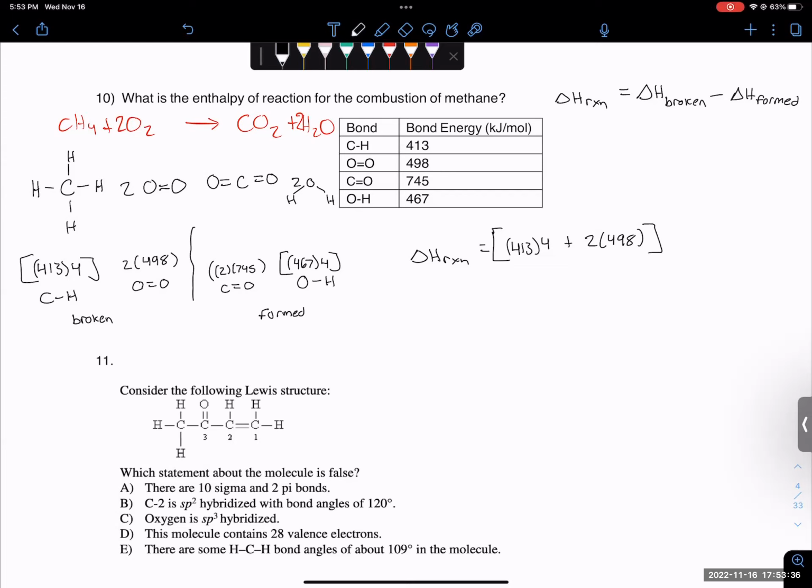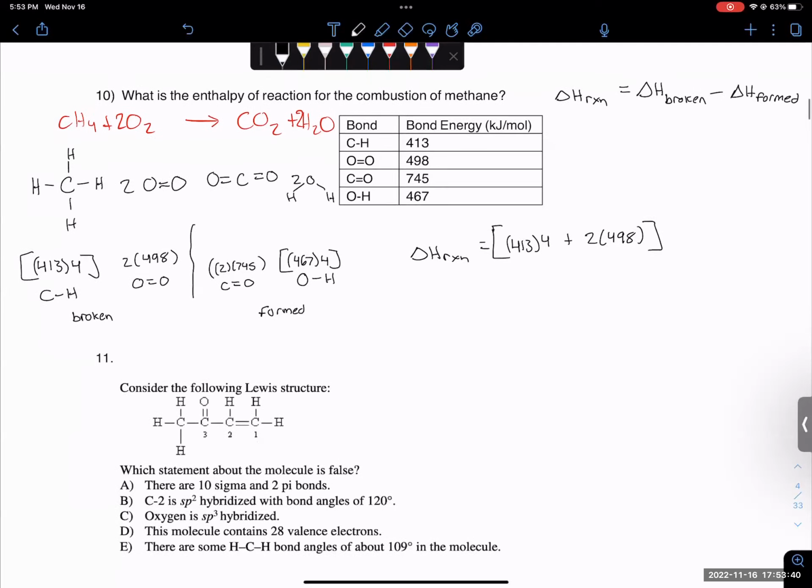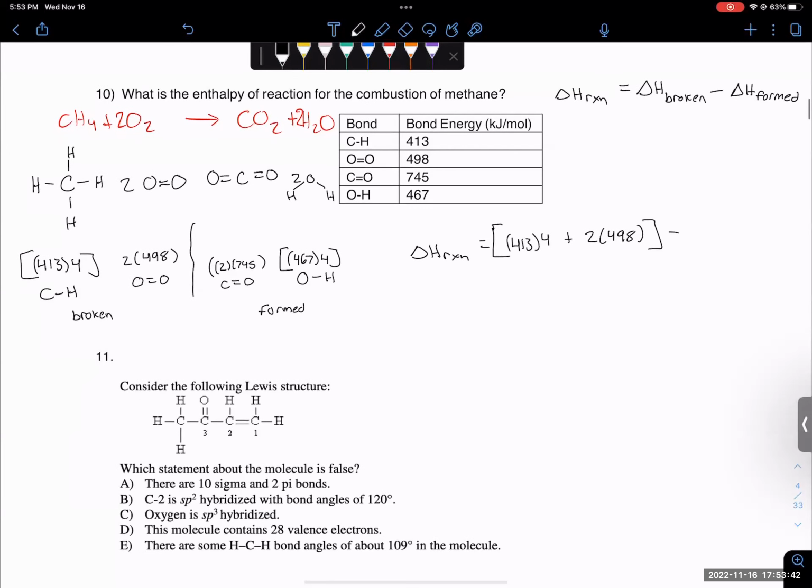Minus the bonds formed, and that was 2 times 745. And then we add that to the other bonds that were formed as well, which is 467 times 4.